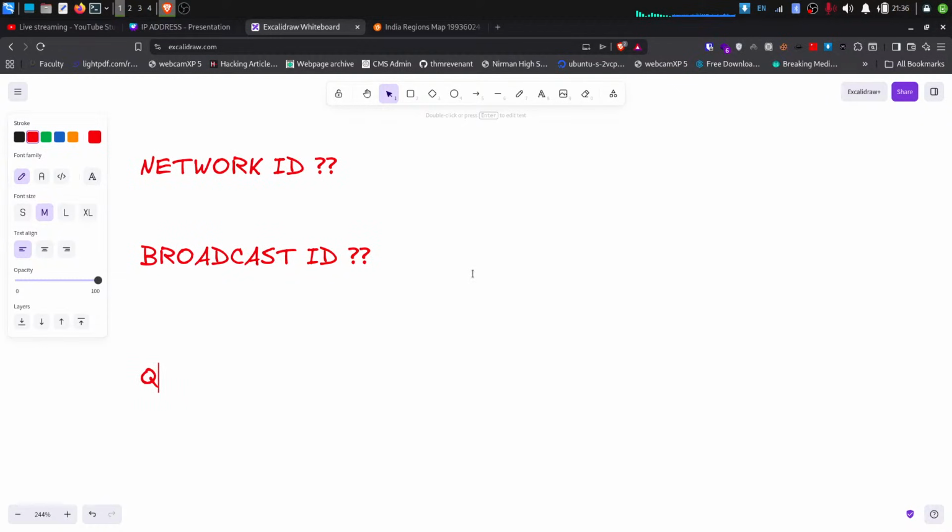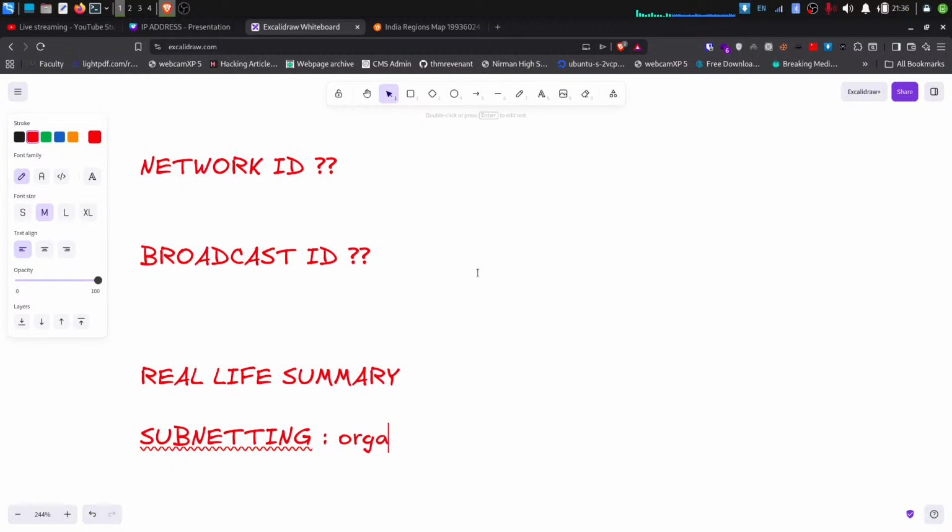So I'll just give a real life summary. Okay. First thing was subnetting. Subnetting just organizes networks. Second thing was subnet mask.